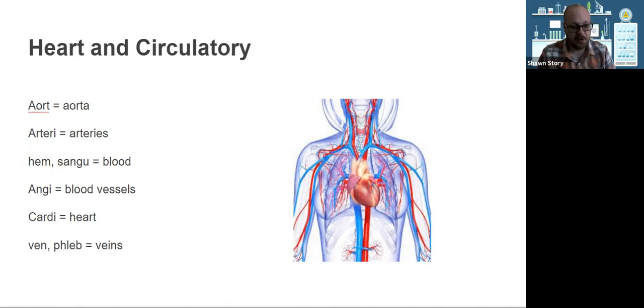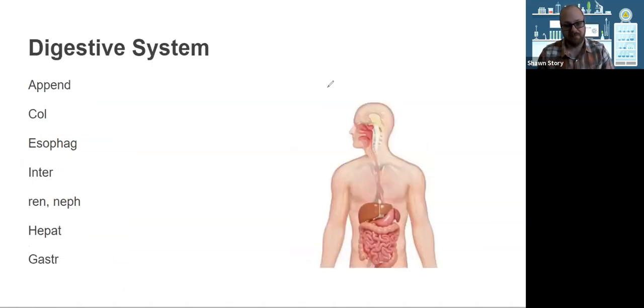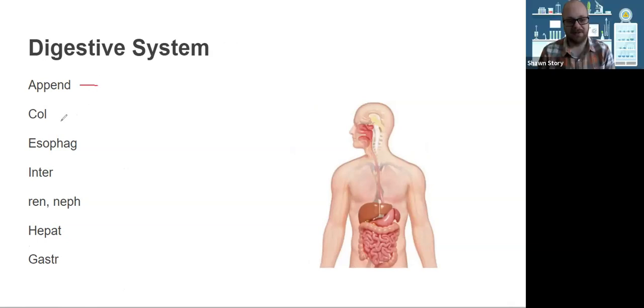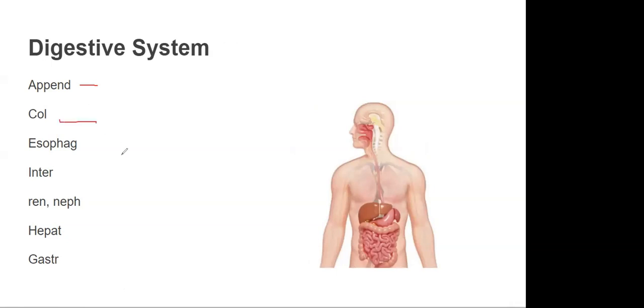All right, and then let's move on to our digestive system. This one should be a lot easier. What do we got? Appendix. We got it. Appendix. Colon. Esophagus.